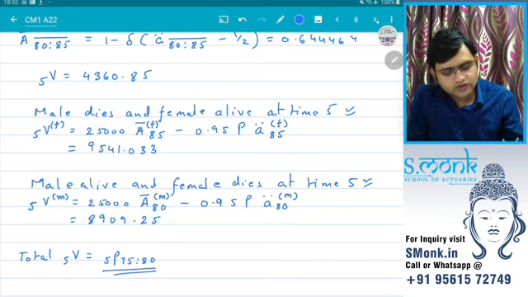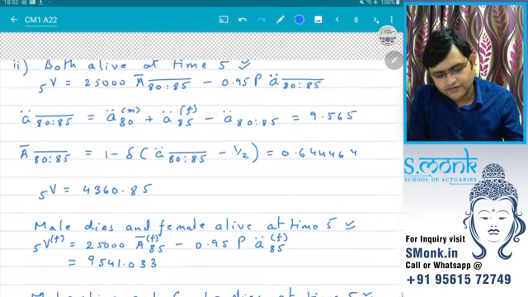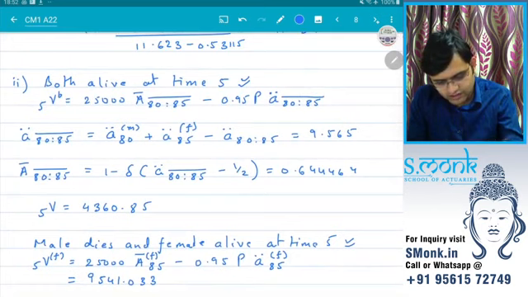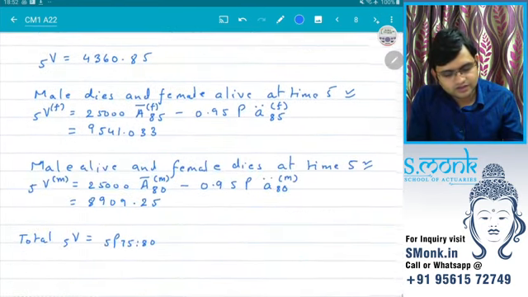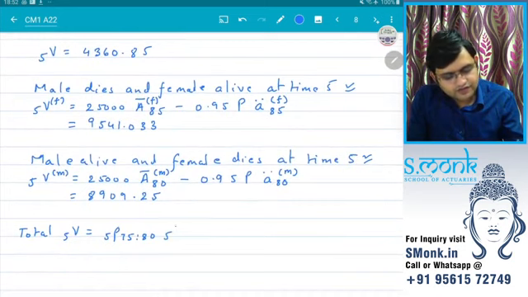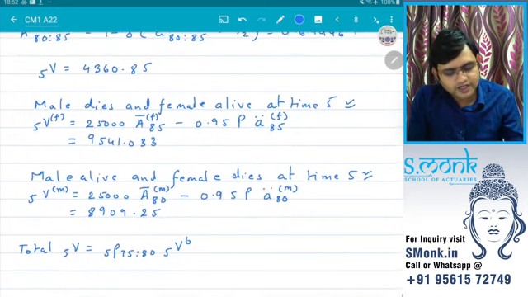This is the likelihood of both being alive. If that happens, I will write here B, both being alive, 5VB. So both being alive, we have to keep this much reserves.